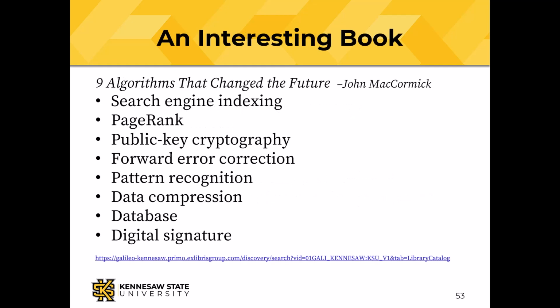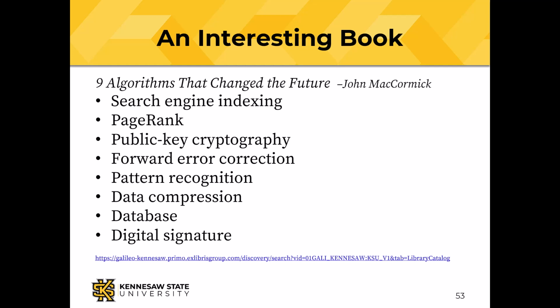So the last thing I want to say today is I want to tell you about a book by John MacCormick, Nine Algorithms That Changed the Future. Now, MacCormick's definition of algorithm is a little bit different and a lot broader than mine.